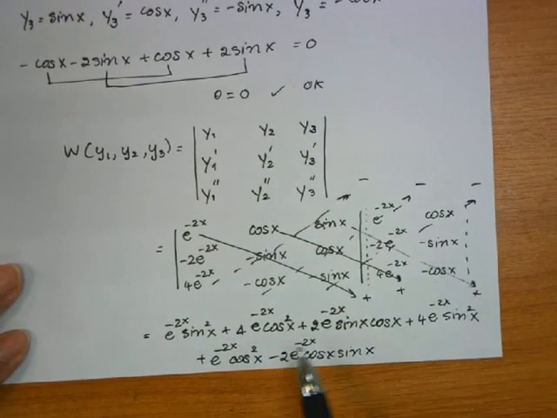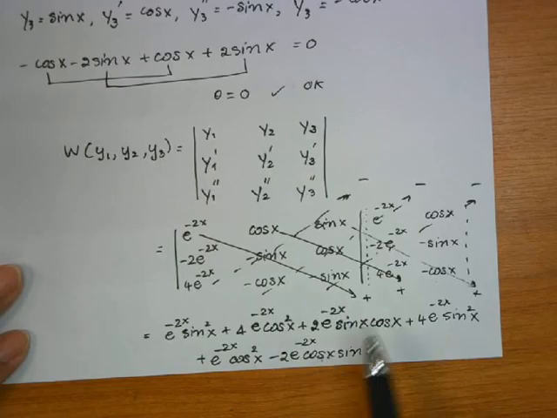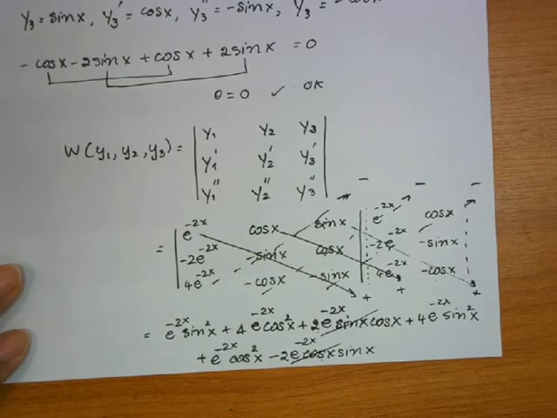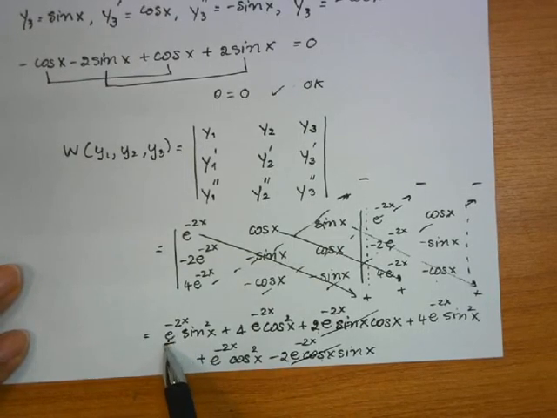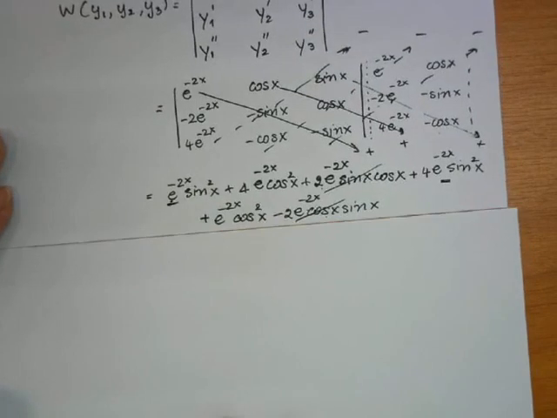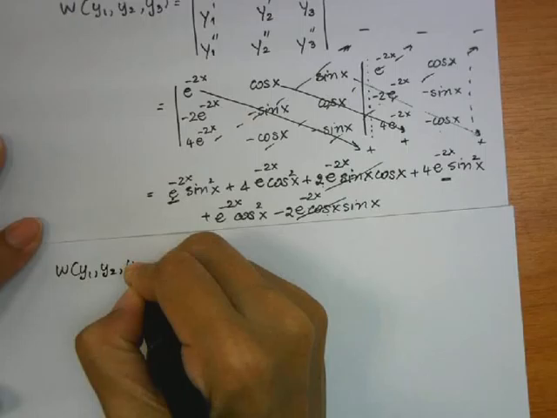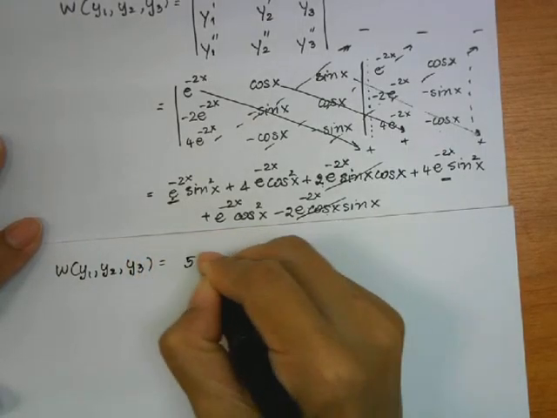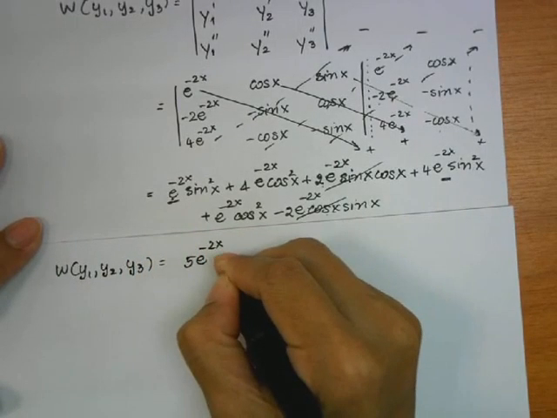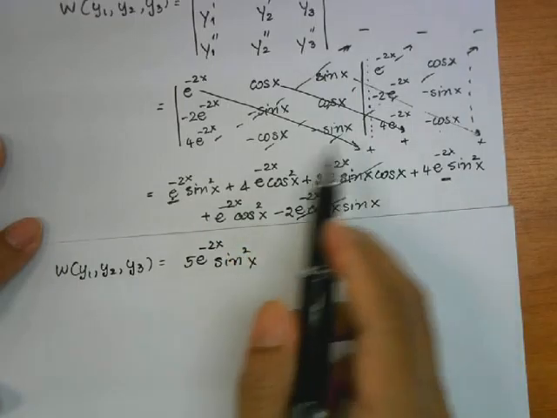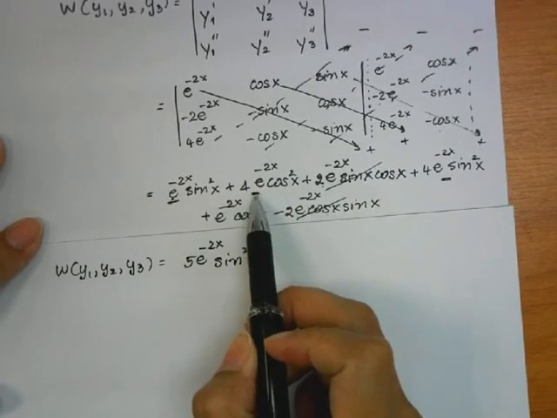Now, this one and this one look the same. You have plus sign, negative sign here, they all cancel out. You have this term and this term, which look the same. So you would get 1 plus 4 is equal to 5, right? You got 5 exponential of minus 2x sin square x. And you have cos here and cos there.